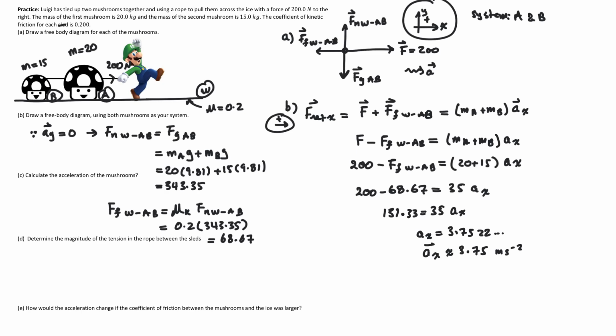And I guess we need the direction for this one because it's asking for acceleration and not magnitude of acceleration. And that's going to the right. And I can highlight my answer.